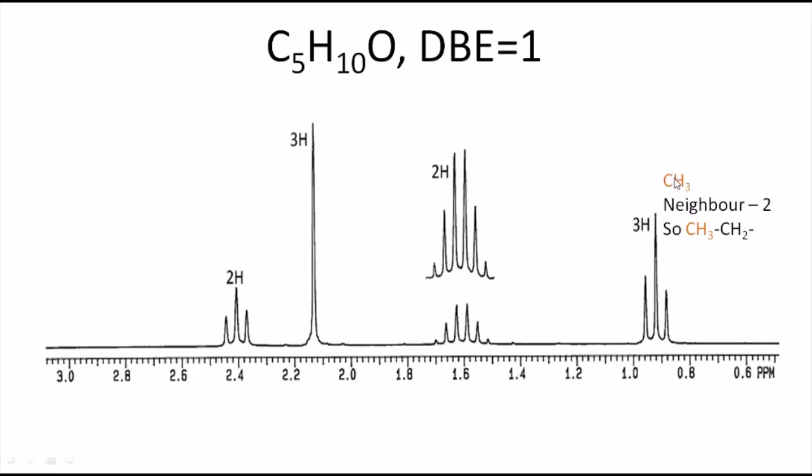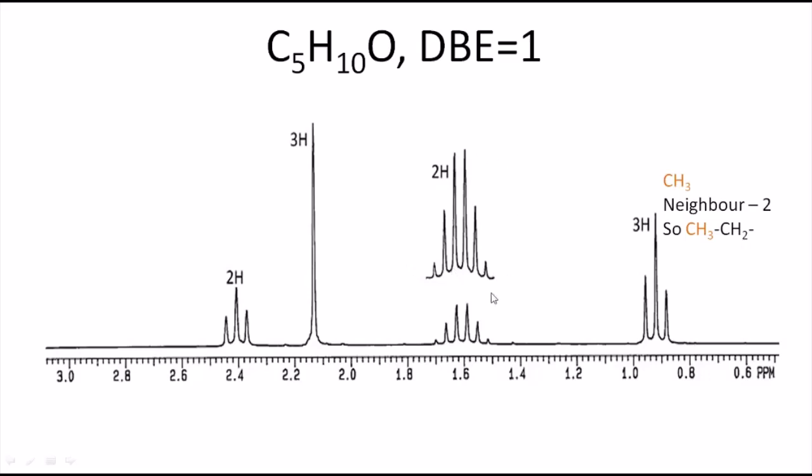It is a CH3 group, and it has 2 neighbors. How am I saying that it has 2 neighbors? Because it splits into 3. By 2 plus 1 it is equal to 3, and therefore it should have 2. And therefore this signal gives me the information that it is a CH3 that is connected to a CH2.